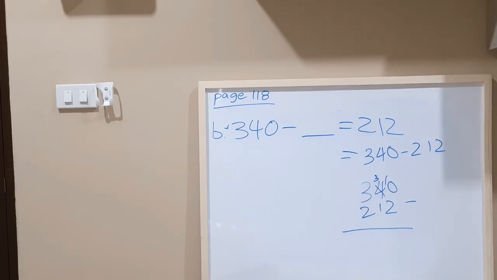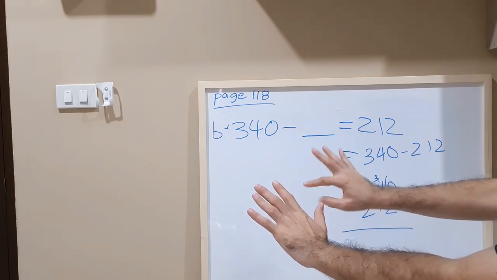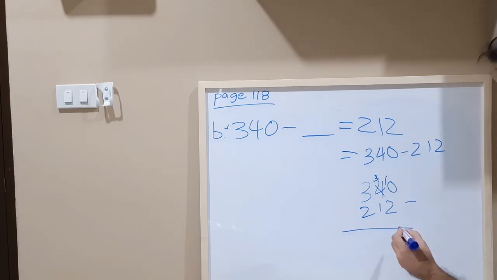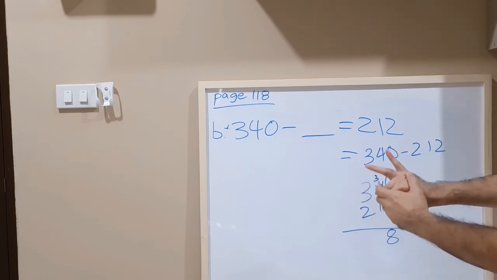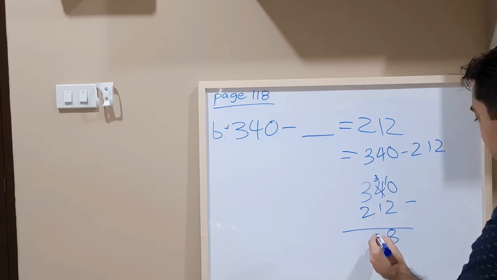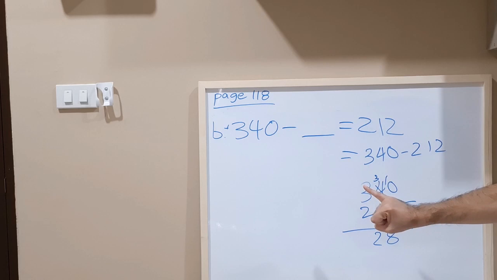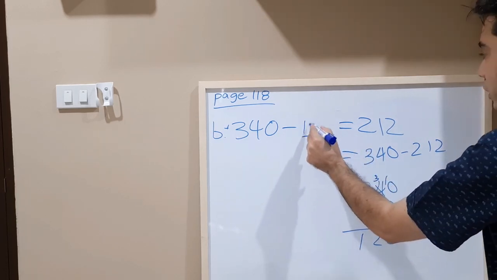Now we can take away. 10, take away 2, 1, 2 will give you 8. So we can write here 8. And then 3, take away 1 will give you 2. And 3, take away 1, 2 will give you 1. So this is the answer.